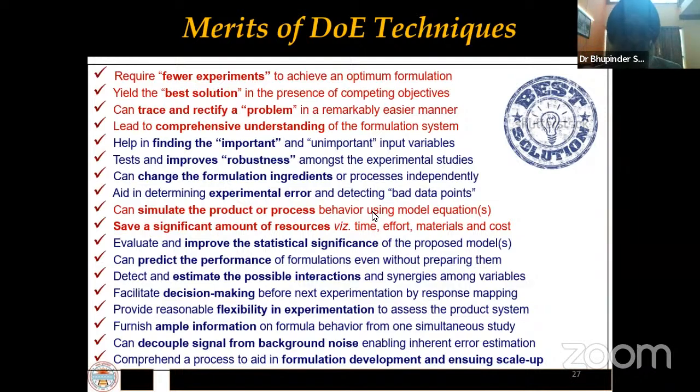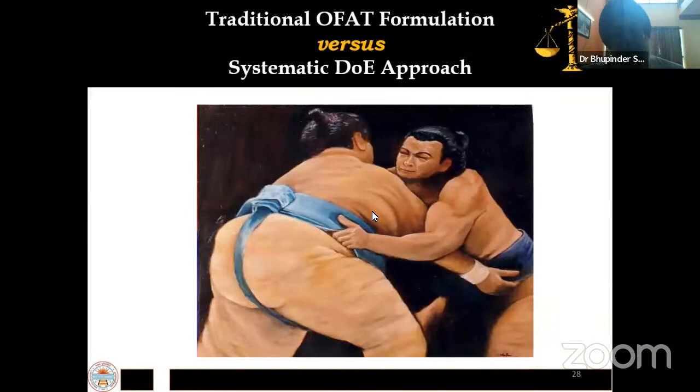It can simulate the product or process behavior, and most importantly, it saves a lot of resources, be it experimental effort, time, materials, or overall cost, from being squandered by adopting such systematic and modern paradigms like DOE. So virtually, it's a bout between OFAT and DOE, as if fat and smart wrestlers are grappling together.